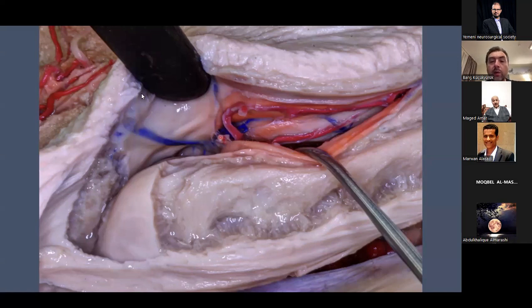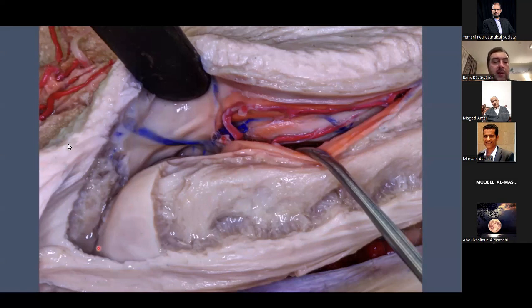The inferior choroidal point is located at the lower end of the attachment of the choroid plexus here, and is positioned just behind the head of the hippocampus. Actually, this inferior choroidal point is the limit between the head of the hippocampus and the body of the hippocampus. There I depress the fimbria of the fornix down.